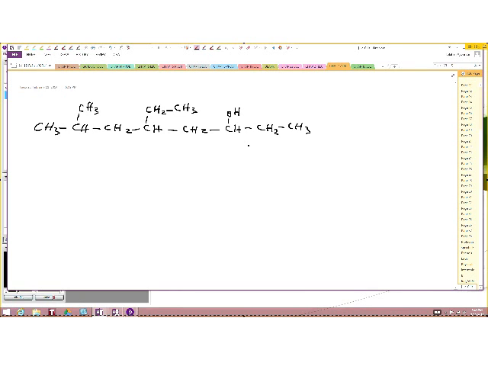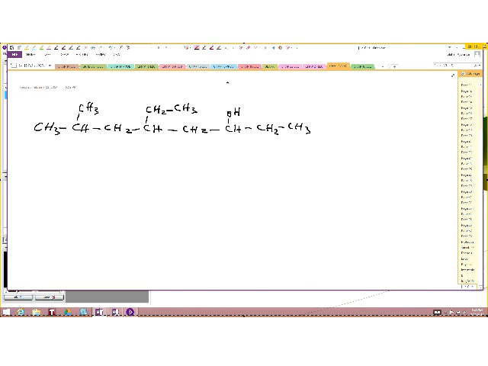Keep in mind, the focus is on the hydroxy group. What you do is look at the carbon to which the hydroxy group is attached, and you assign the lowest possible number to that carbon. In the first place, you have to look at the longest carbon chain that contains the hydroxy group. So if you take a look at this molecule here, how many carbons do you have in the longest carbon chain that contains the hydroxy group?